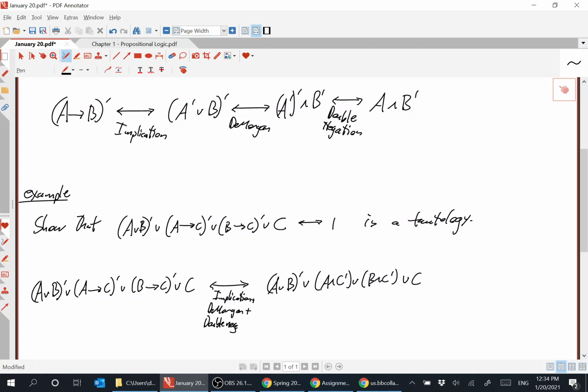I mean, you can apply De Morgan to this one, but let's not bother with that. Other than that, there's only one tautology. Distribution. There's a couple different ways to apply it. Okay, I'm going to apply it like this.